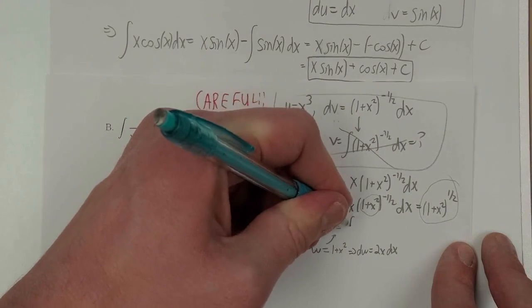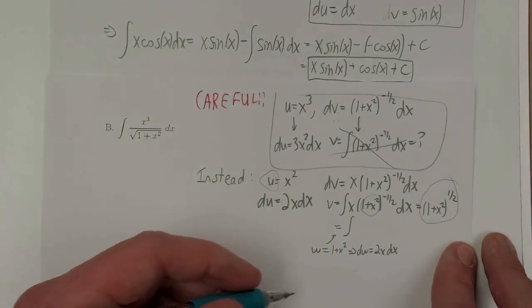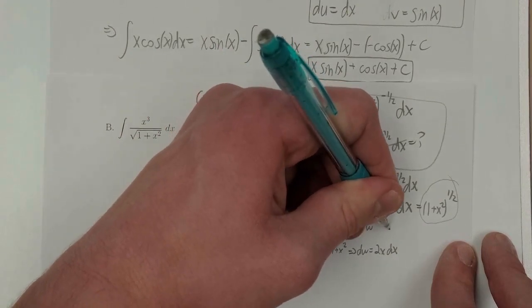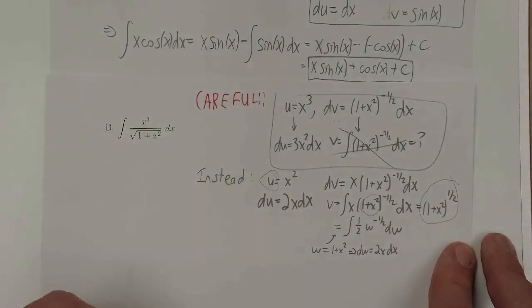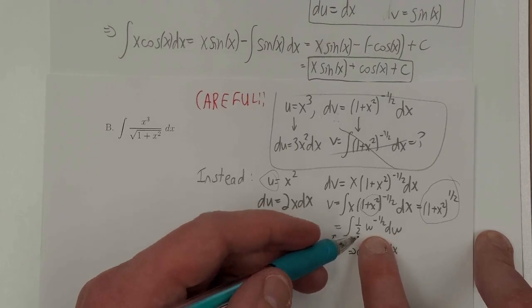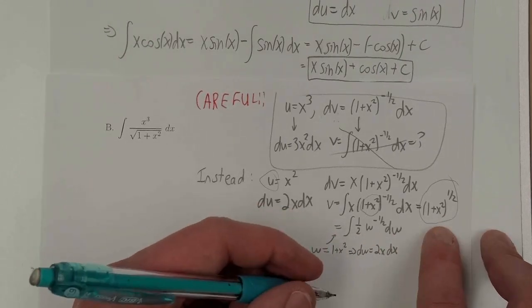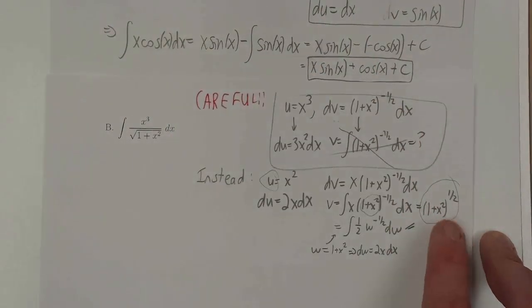Then if you integrate this, you should end up with 1/2 times w to the negative 1/2 dw. So if you take the integral with respect to w and then put everything back in terms of x, this should be the thing you get out of this. Okay? So that's the idea.